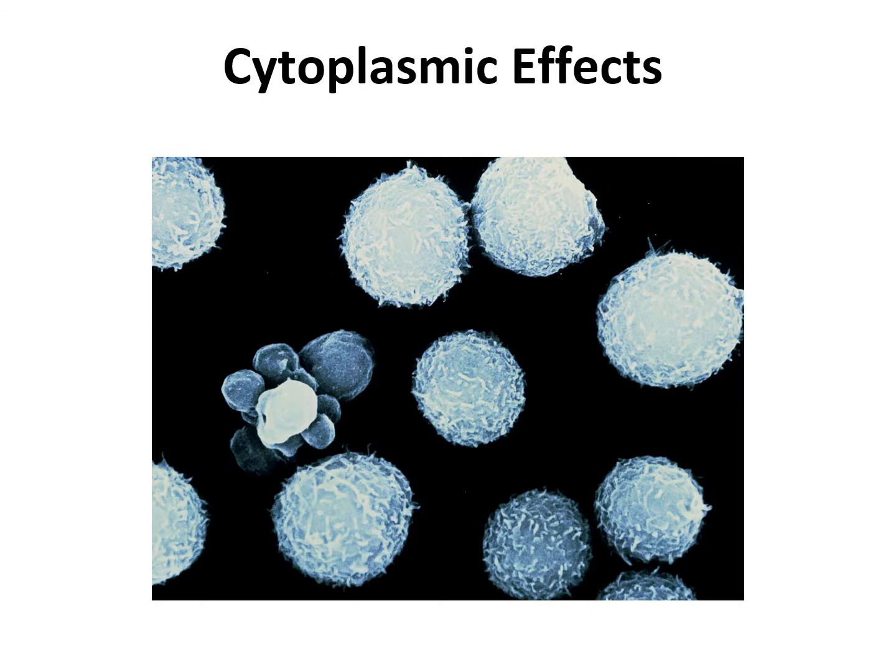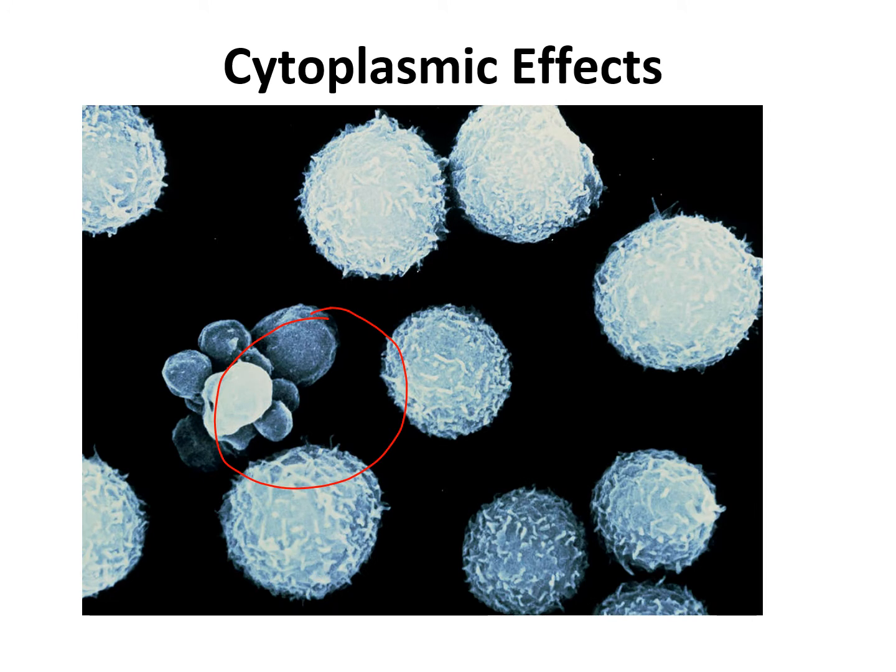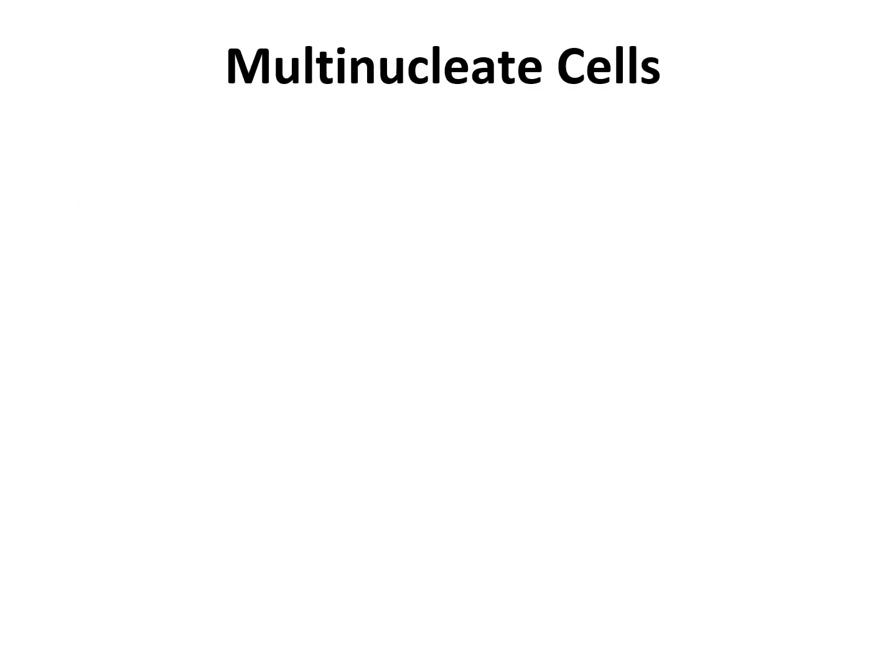Now, viruses cannot take up nutrients from the host, but they do cause cytoplasmic effects. And again, this is a review from when I talked about the viruses. When viruses infect cells, they can cause changes in cell structure, and that can affect how the cells function. Two types of cytoplasmic effects are the multinucleate cells.